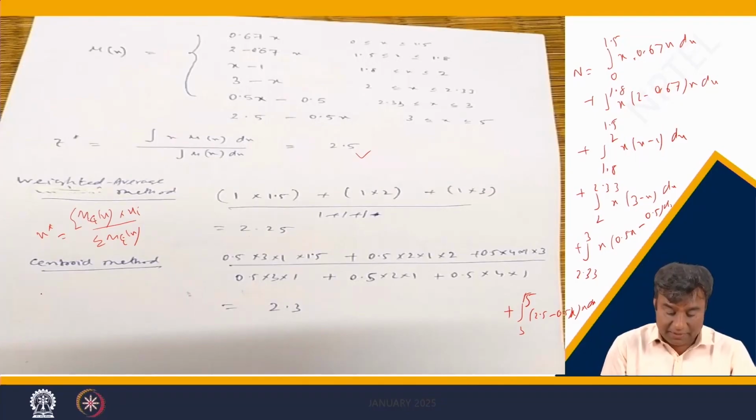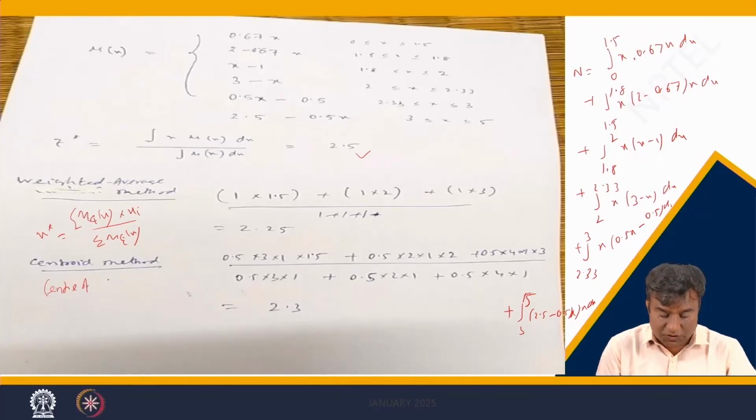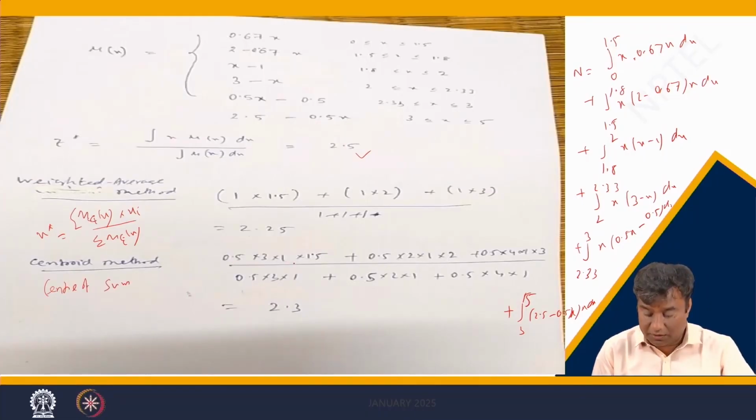Again, if we apply this for the center of sums method, you will get half of 3 into 1 with geometric center 1.5, plus half of 2 into 1, the geometric figure. So here you will get 2.3.